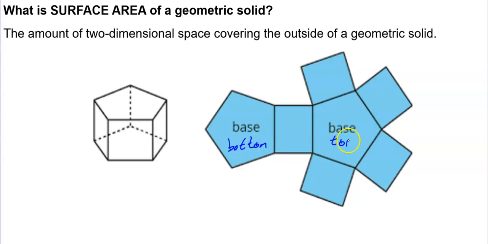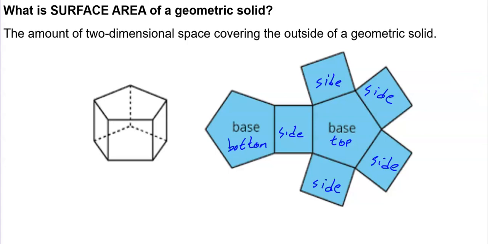This is the top. And then we have our sides. Notice all my sides are rectangles. So we could find the area of each individual shape and then add them all together. That works. It's a bit of a pain, but it works.